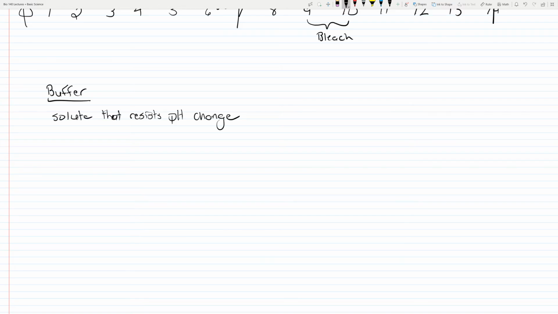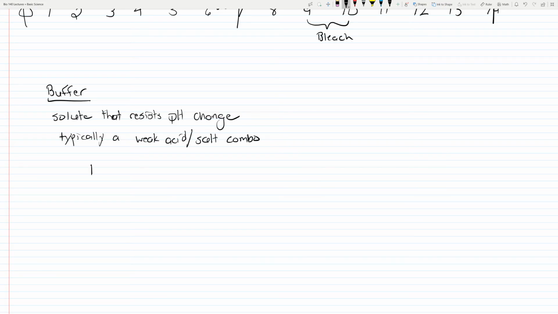It's typically a weak acid and its salt combination. I'm not going to go into how to calculate weak acids and everything like that.